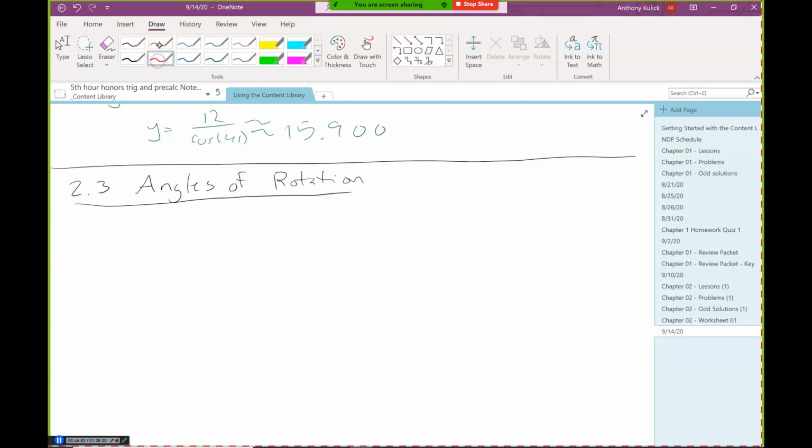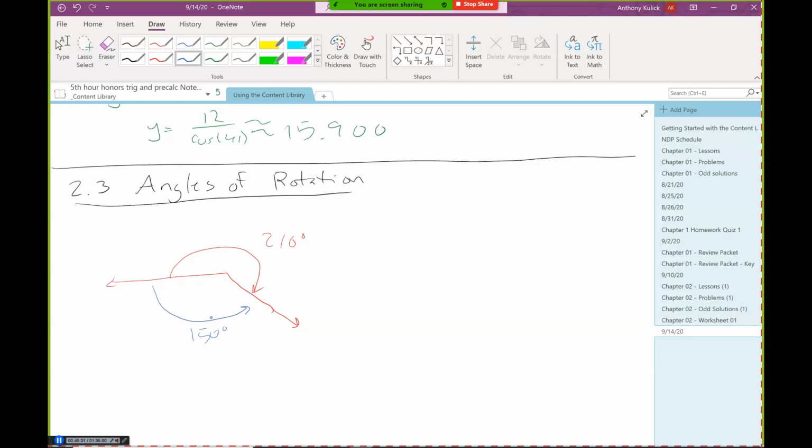Even in geometry, if you tried to draw a 100 or a 200 degree angle, you would draw something like this, but we never really drew it in that direction, right? You would just talk about this angle being 150 degrees. You always defined your angles with the concave part of the angle, right? Do you guys remember that from geometry?